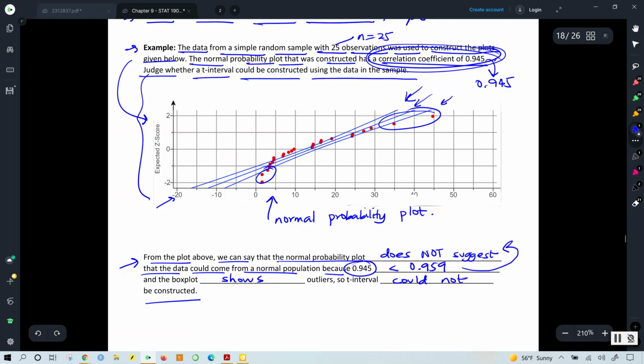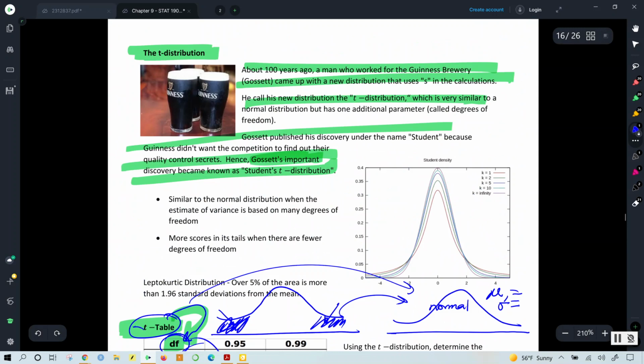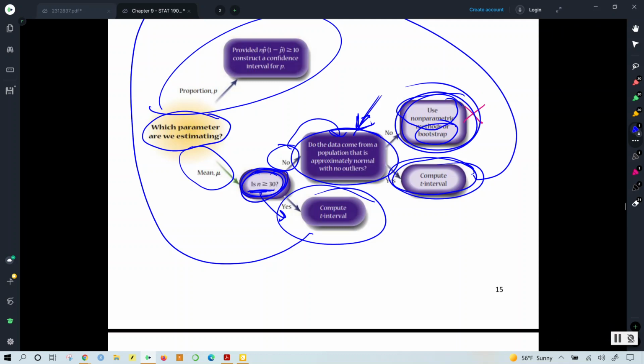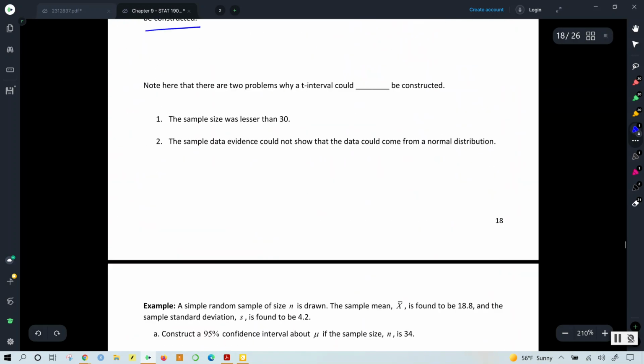This is an instance that ties with what we were saying when we started, when we said that when the data does not come from a normal distribution and the sample size is lesser than 30, we will have to use non-parametric methods or bootstrap. This is just a case to help us note when we would have to go beyond the methods learned in this class. So with that said, we continue to the next example.